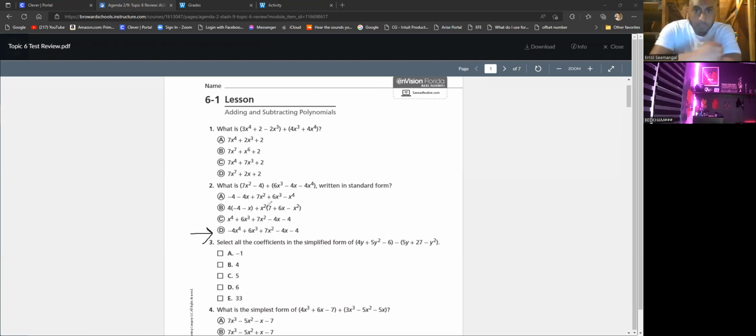What do you mean the signs of the coefficients? Okay, so see this negative 4 here? What's the coefficient? Negative 4. Okay, so the first one's right. What about the 6x^3? Is that coefficient right?